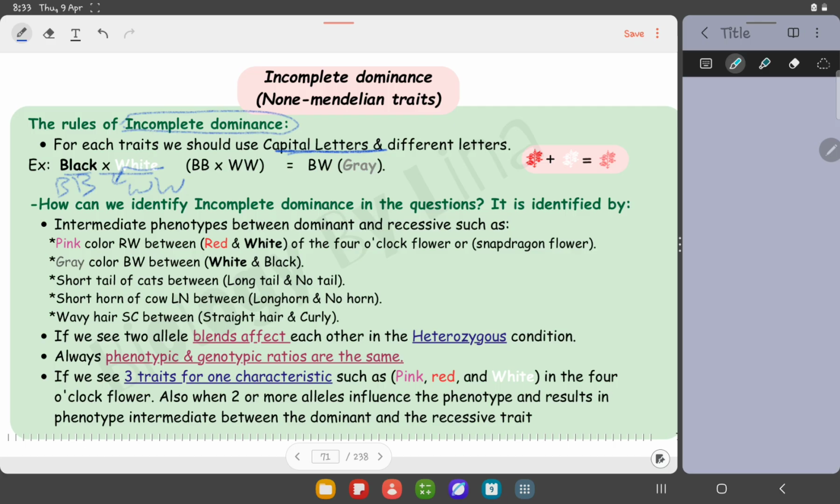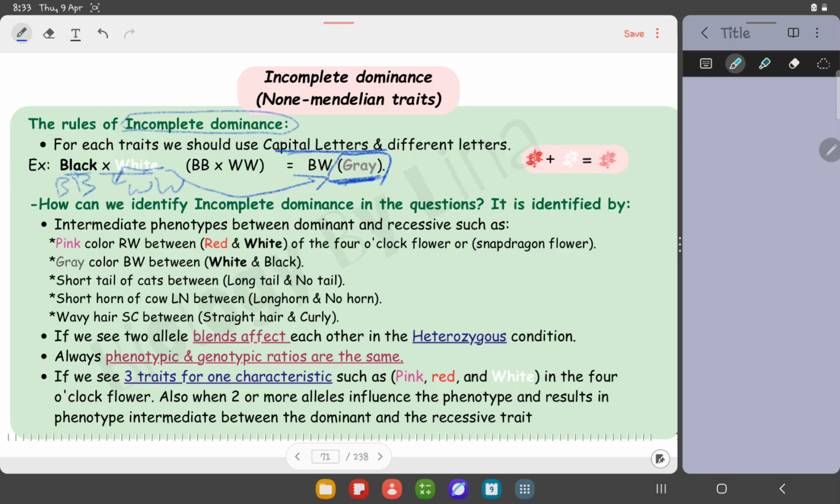So if the question is incomplete dominance, how do you know? For example, if he said that when you cross black and white, another trait appears which is gray. When we mix black and white, the result of this mixing or blending of these two colors will be gray. This gray is intermediate, or in between, the two traits of the parents, which are homozygous dominant and homozygous recessive.